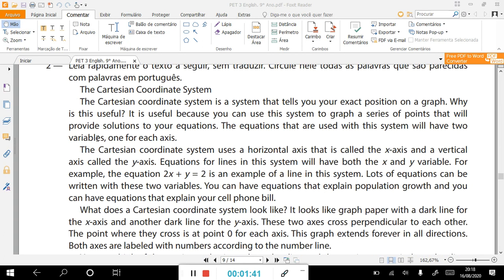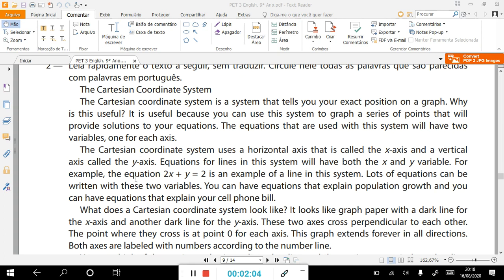The Cartesian coordinate system uses a horizontal axis that is called the x-axis and a vertical axis called the y-axis. Equations for lines in the system will have both the x and y variable.